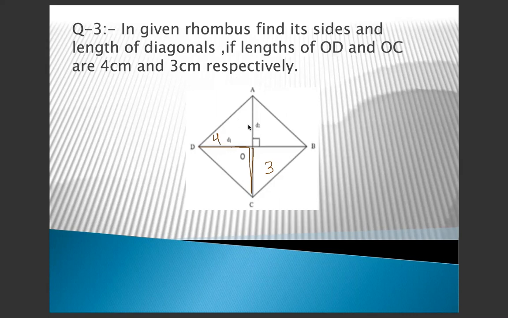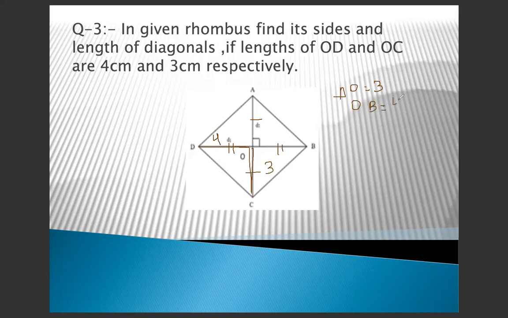Now, we know that this diagonal will be equal to this and this will be equal to this. So what will be the side of the remaining diagonals? That means AO becomes 3 centimeters, and this we have OB becomes 4 centimeters.